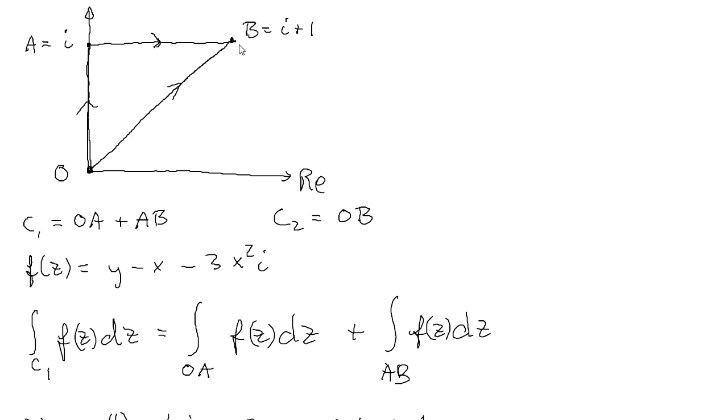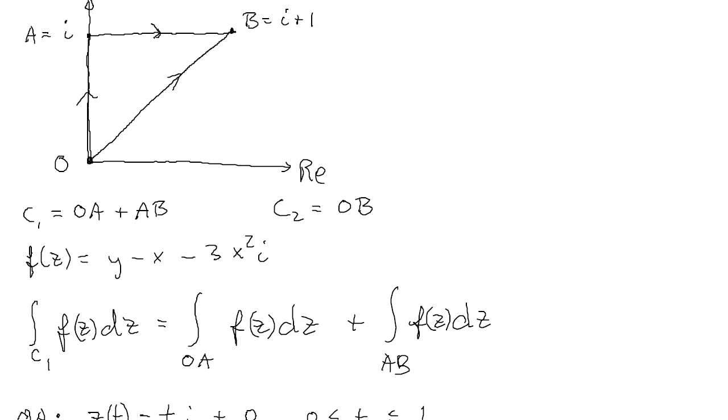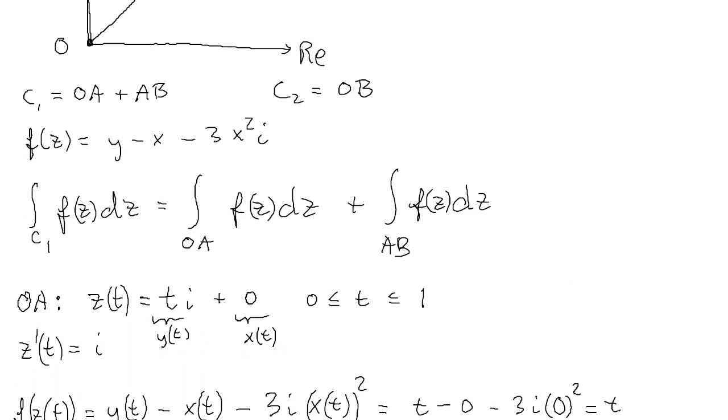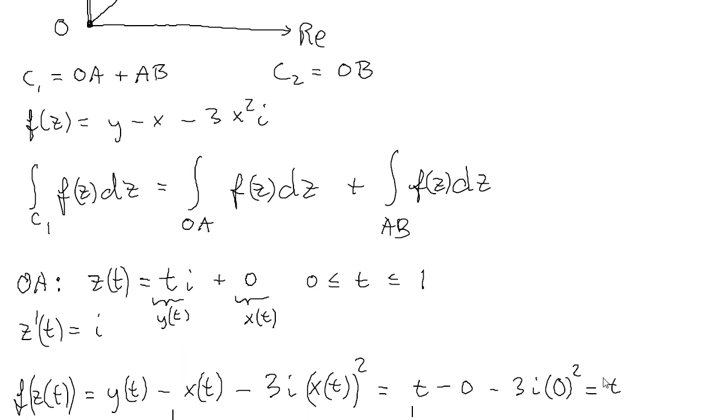The point B is equal to i plus 1. Okay, so using this function z of t, we obtain that the derivative of z with respect to t is just equal to i.